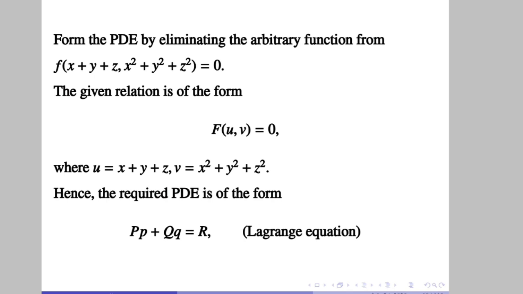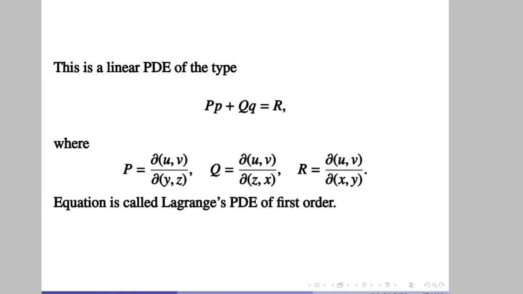This relation is of the form f of u comma v is equal to 0, where u is equal to x plus y plus z, v is equal to x square plus y square plus z square. Hence the required PDE is capital P p plus capital Q q is equal to capital R. So capital P is equal to dou (u, v) divided by dou (y, z).